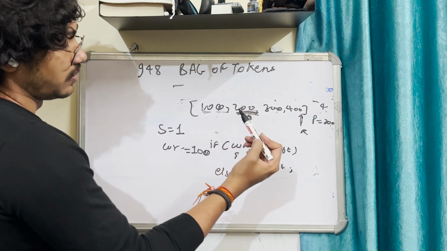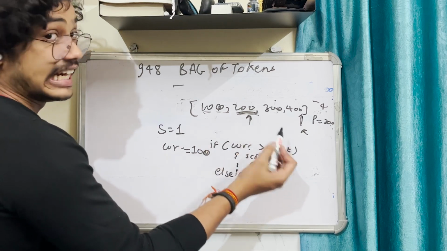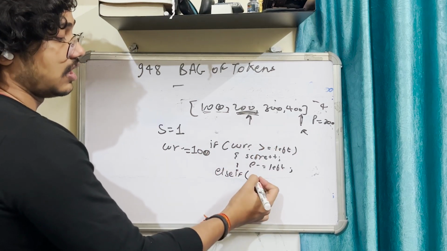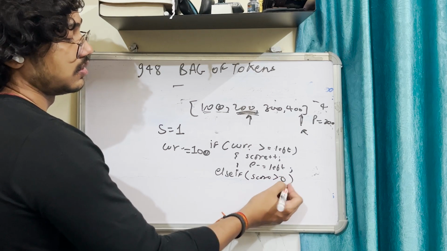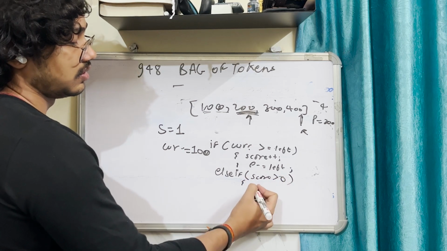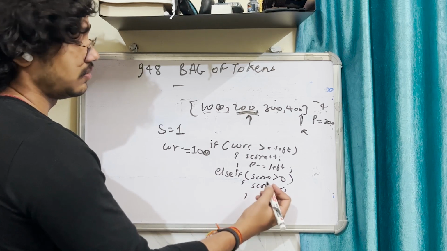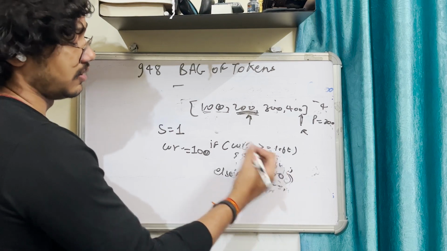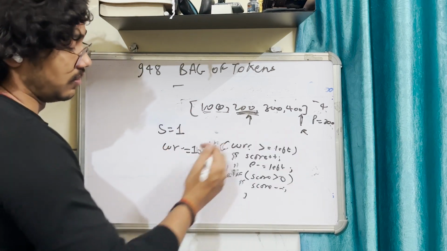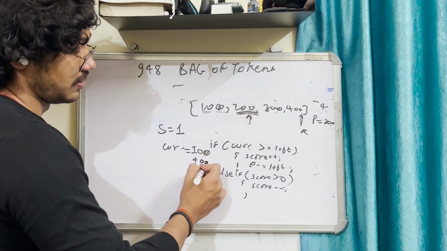So basically what you want is to give one score and get maximum power. You can do this only if your score is greater than 0. If it is greater than 0, you will reduce your score, and you will increase your power. You will add this value, which will be 500.